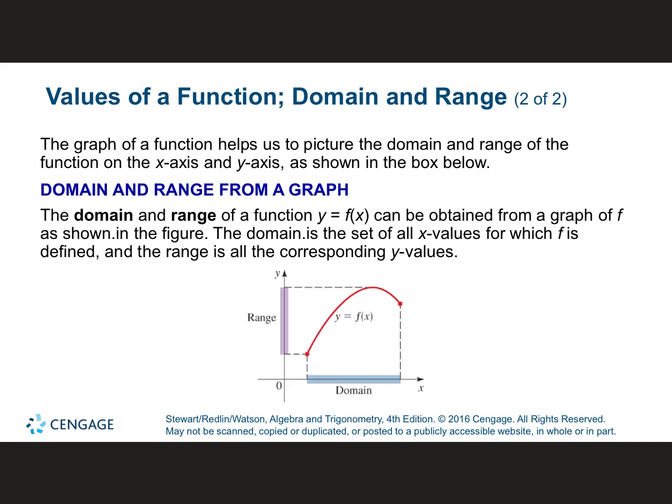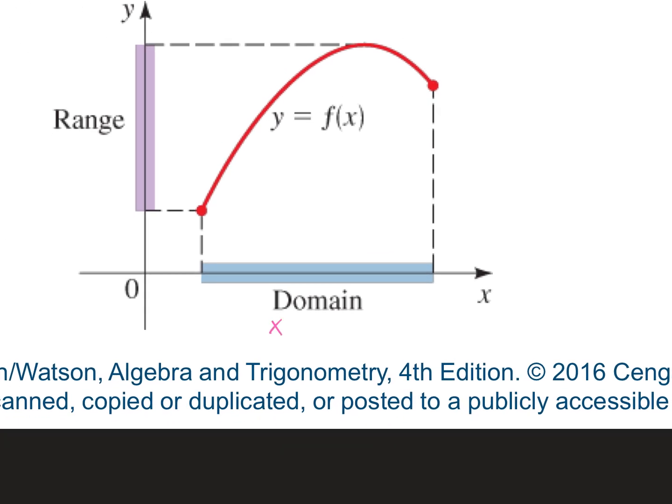Next, we're going to talk about domain and range. So domain, we look at the x values for our graph. So we look at the smallest x value to the largest x value. When we list our domain, it always goes from smallest to largest.